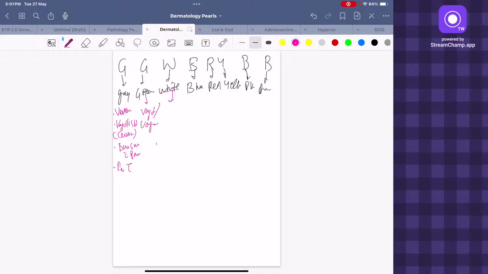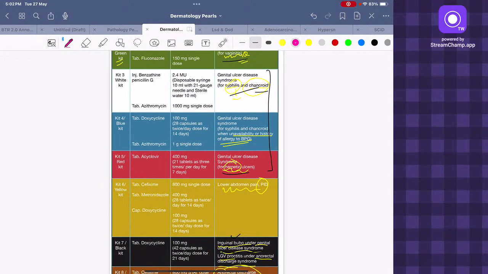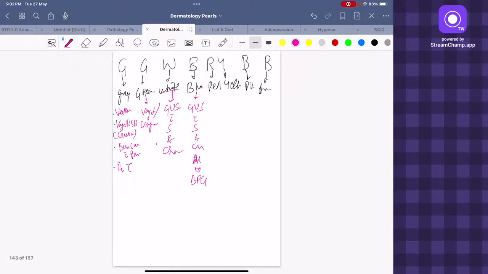White is for genital ulcer syndrome with syphilis and chancroid, but resistance or allergy to penicillin G, or even if it is unavailable, the white kit is unavailable, then we can give green kit. Red kit is for genital ulcer syndrome but herpetic.